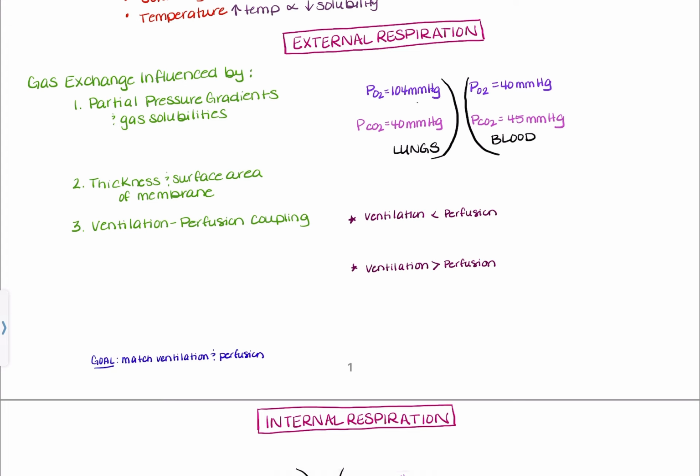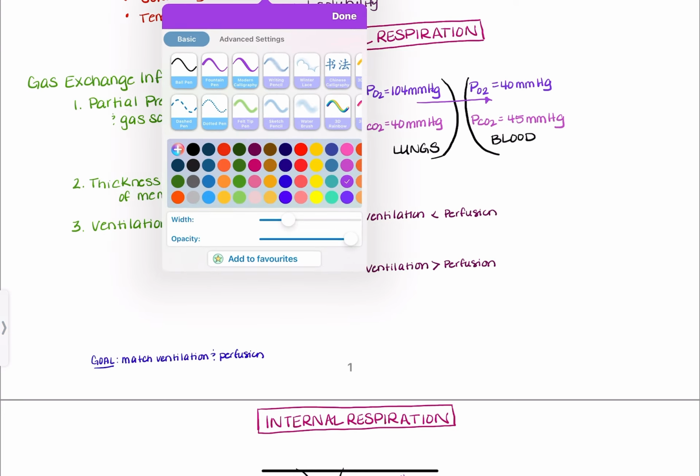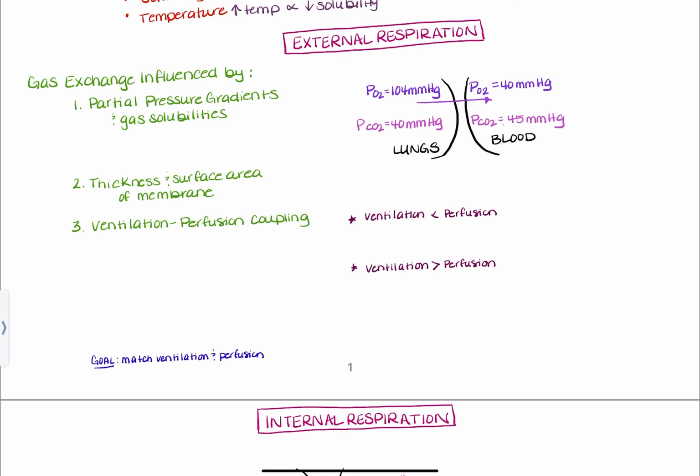From our lungs into our blood. Now, if we're looking at carbon dioxide, which I thought I got the right color, but I guess I didn't, our partial pressure of carbon dioxide is higher in our blood than in our lungs. So carbon dioxide is going to flow from our blood to our lungs during external respiration.